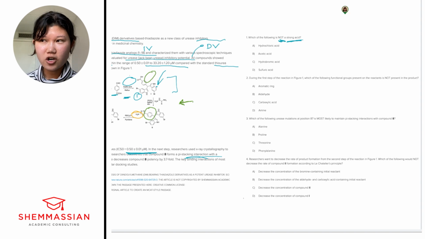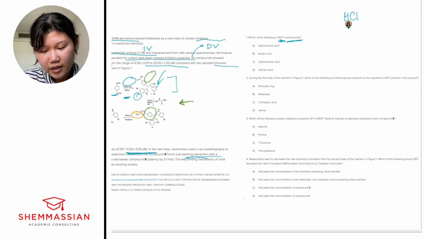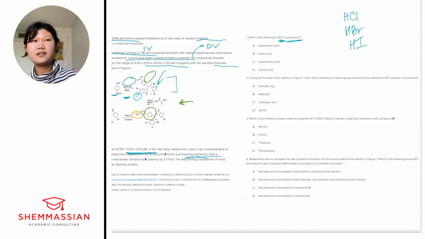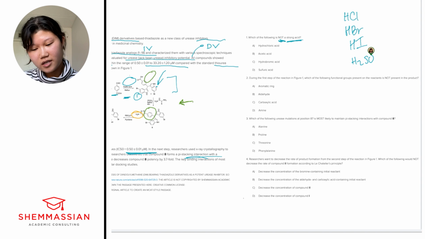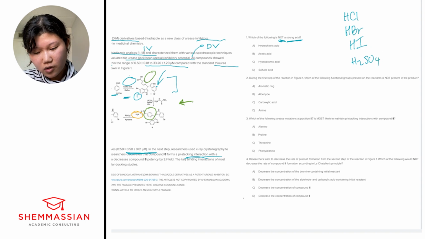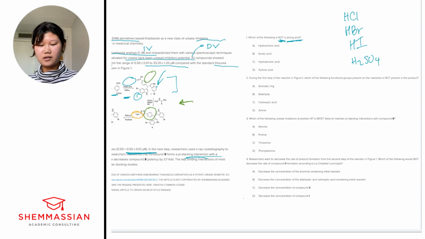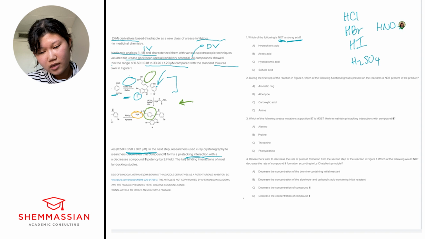So strong acids include HCl, HBr, HI. So the halides, except for hydrofluoric acid, sulfuric acid, H2SO4, and then HNO3.